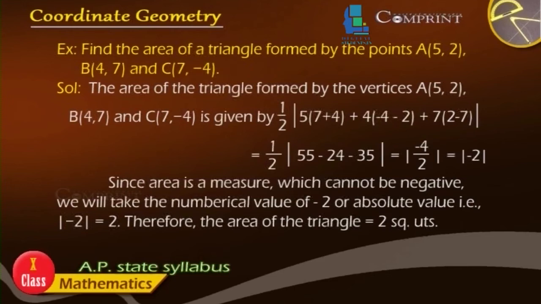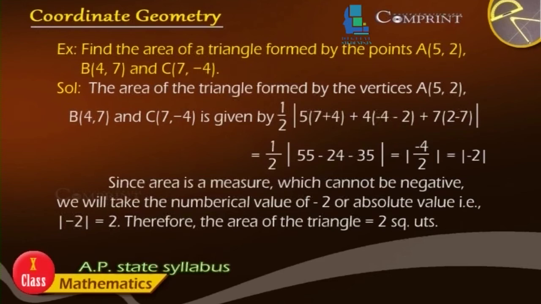The area is 1/2 into [5 (7 + 4) + 4 (-4 - 2) + 7 (2 - 7)] = 1/2 into (55 - 24 - 35) = -4/2 = -2.